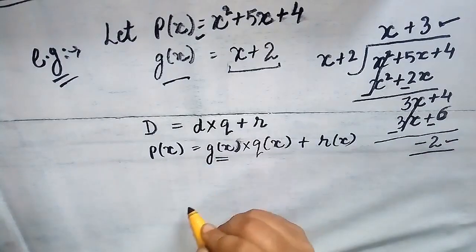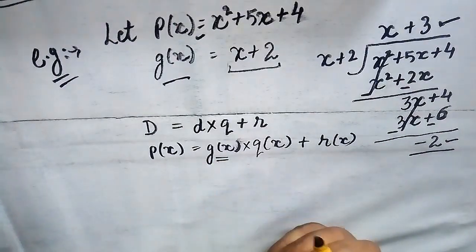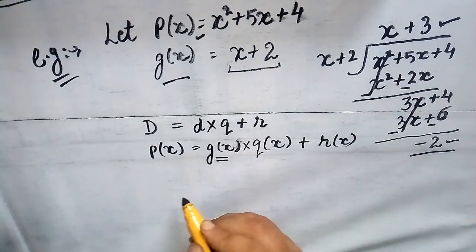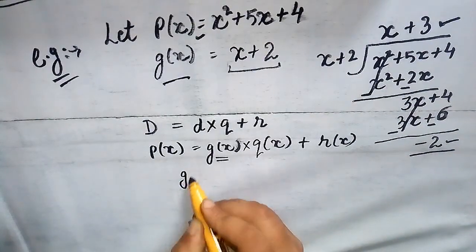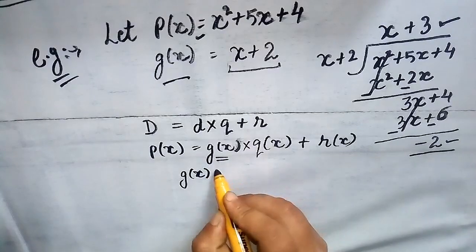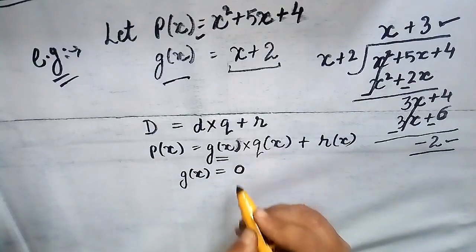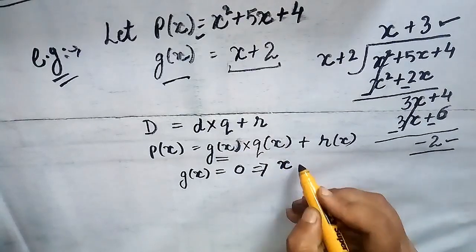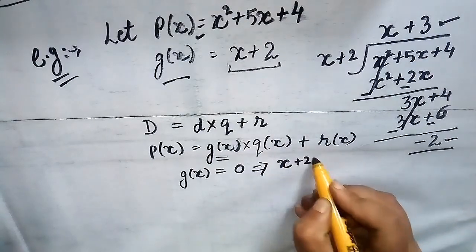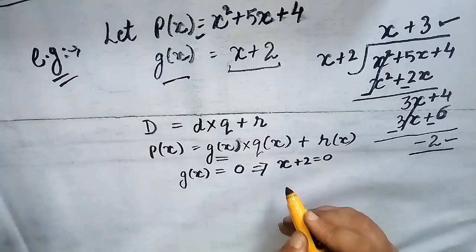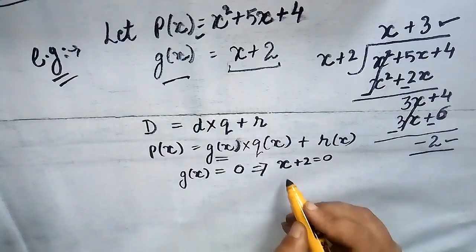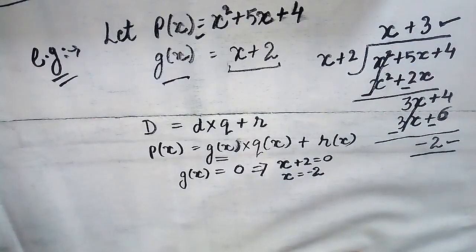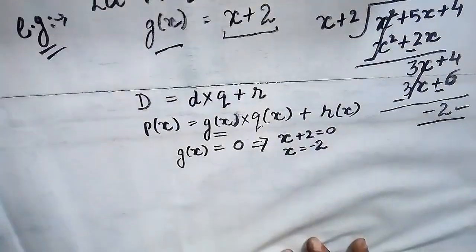Now you have to use the same method for the remainder theorem also. Why are we using this? Let us see one magic. Our g(x) is equal to x plus 2. So put it equal to 0 and x will be equal to minus 2. Take 2 to the right side, it will become negative.